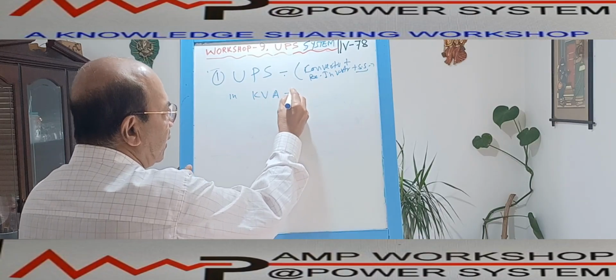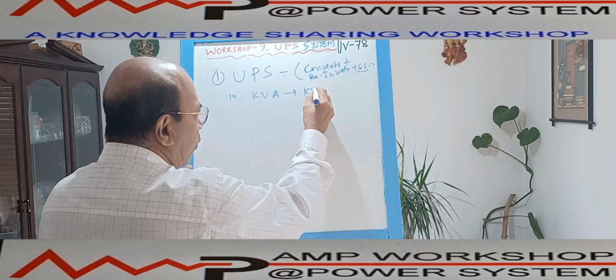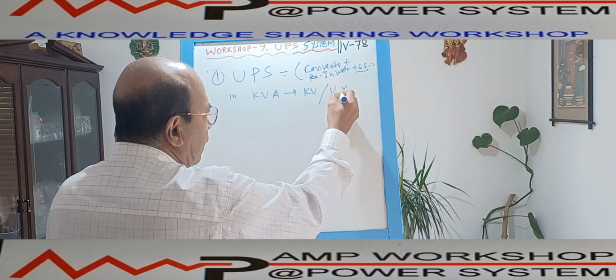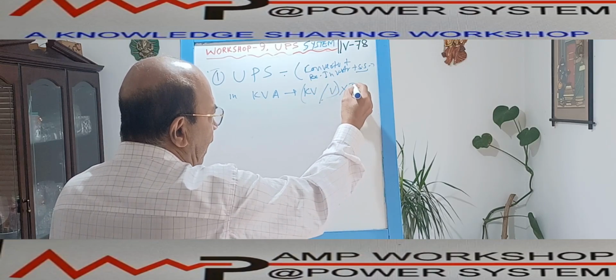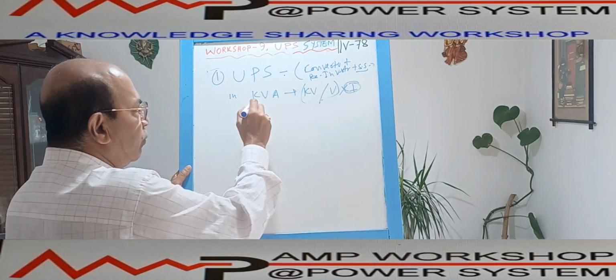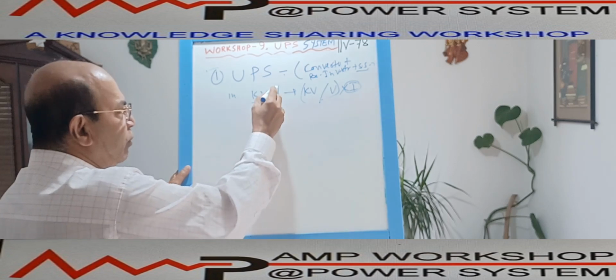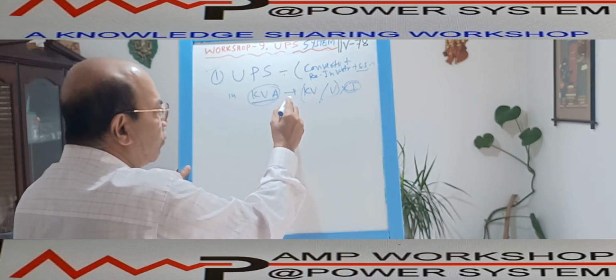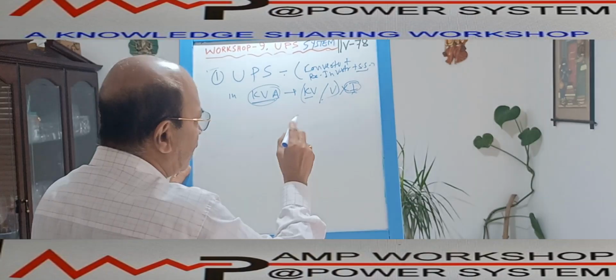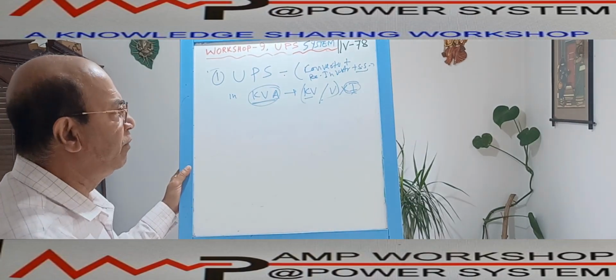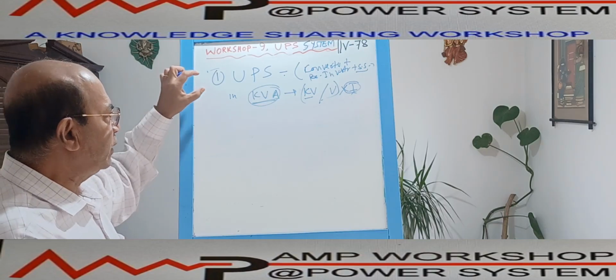We know kVA is equal to kV or voltage into ampere. So when deciding the kVA of the equipment, we need to know the voltage and the current. These are the two parameters to decide the kVA of the equipment.